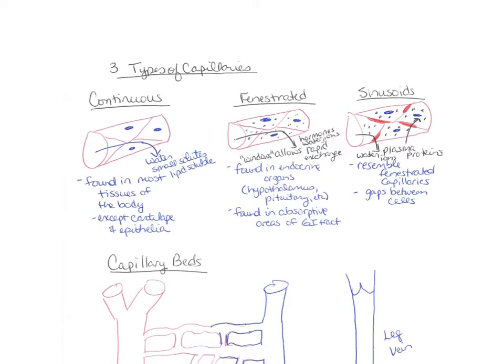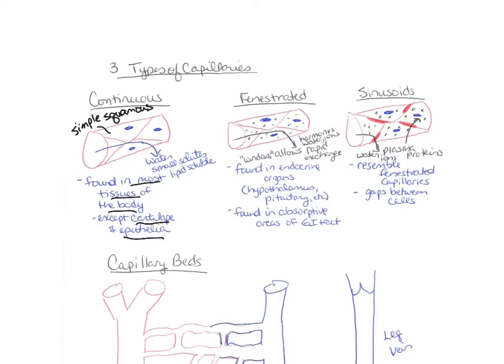There are the continuous capillaries, and continuous capillaries are found in most tissues of your body. They're not found in cartilage and they're not found in epithelia, but in all other tissues of the body you find them. So when we look at a continuous capillary, we see that surrounding this small blood vessel is a simple squamous cell. And most of the time, these simple squamous cells can wrap themselves all the way around this blood vessel.